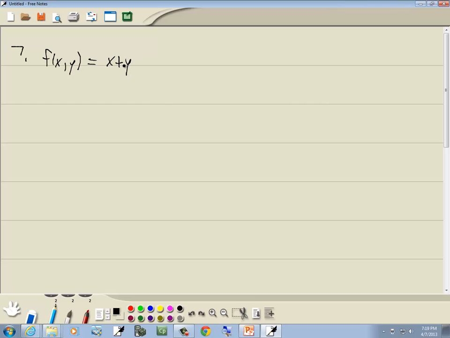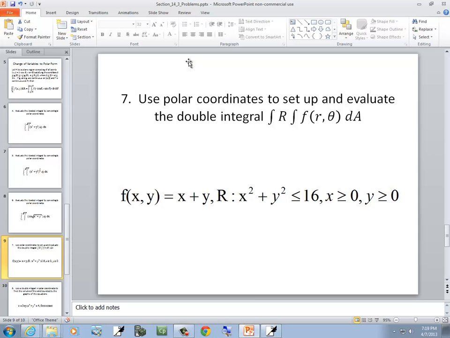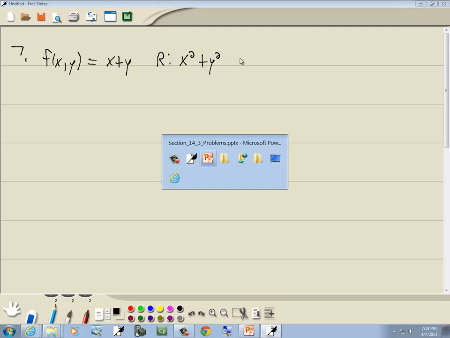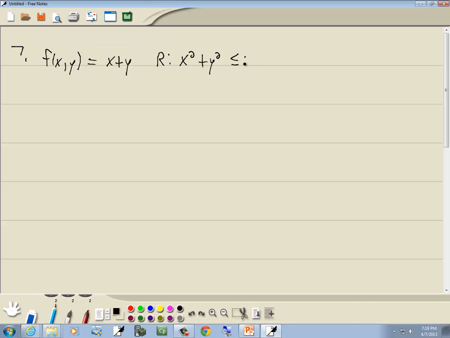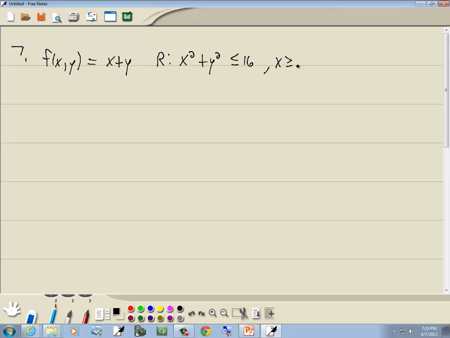So we've got a three-dimensional object here, but it's bounded. R is our region of integration. We're taking a look where x squared plus y squared is less than or equal to 16, x is greater than or equal to 0, and y is greater than or equal to 0. So again, we're finding the volume here.